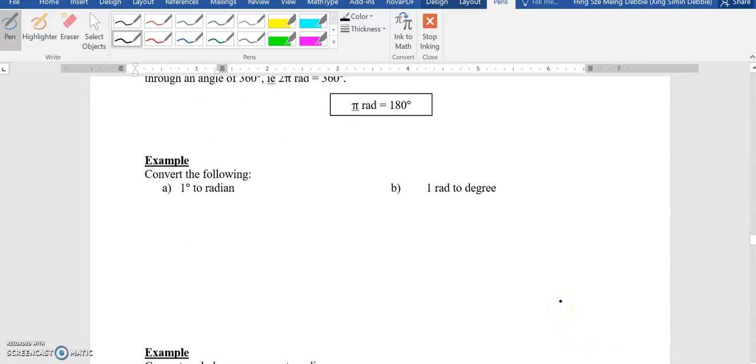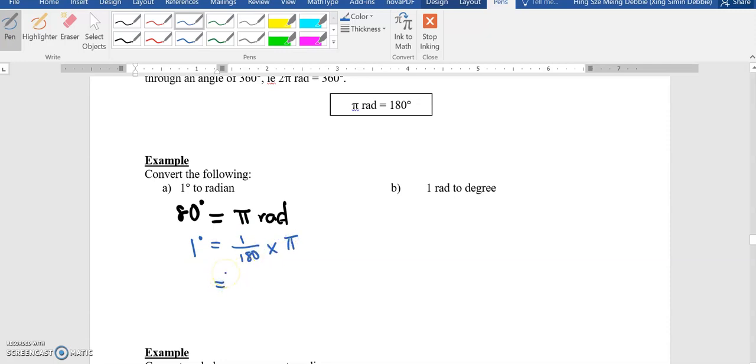Now let's try to convert the following. 1 degree to radian mode. Now, if 180 degrees is equal to pi radians, we will therefore know that 1 degree is 1 over 180 times pi.